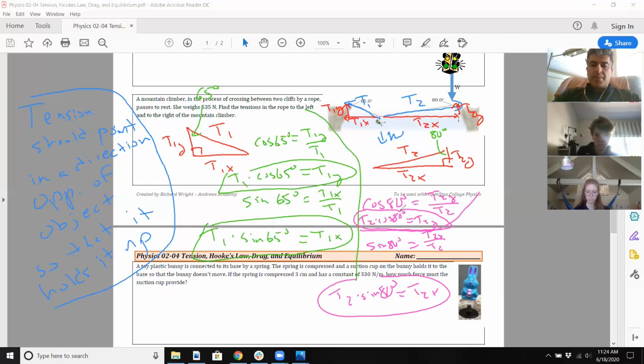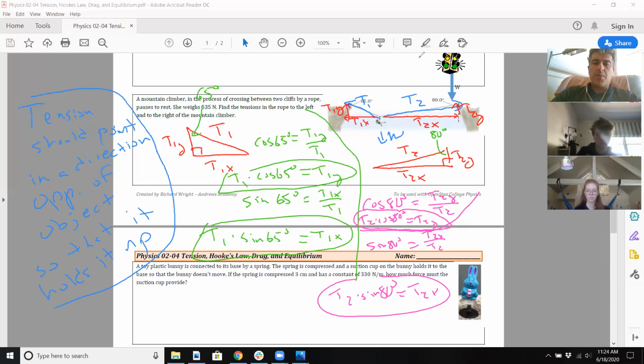Okay, so we're not out of the woods yet. That was just a lot of the prep work I had to do: the body diagrams, breaking down T1 and T2. Now we're going to come down to doing the forces. Any questions so far before I start writing the force equations? Okay, I'm going to erase my screen because I don't have enough space here.